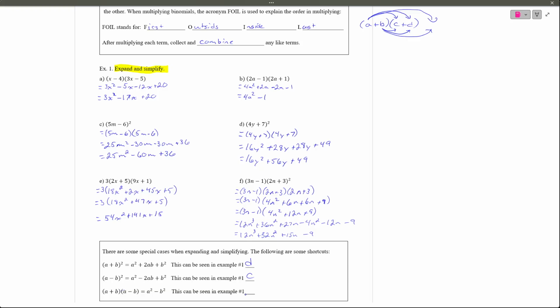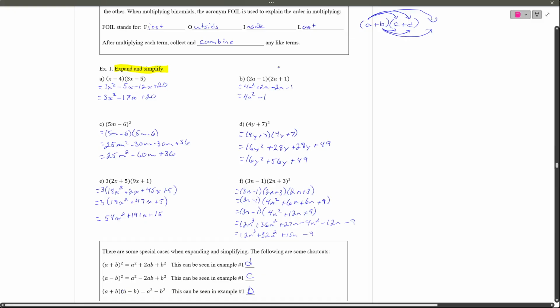So in this case, we end up with our a squared, which is 2a squared, that's 4a squared, minus b squared. Well, there's our b, which is negative 1, so minus b squared is minus 1. Okay, are we all done? Yeah, we're done this part. Let's move on.